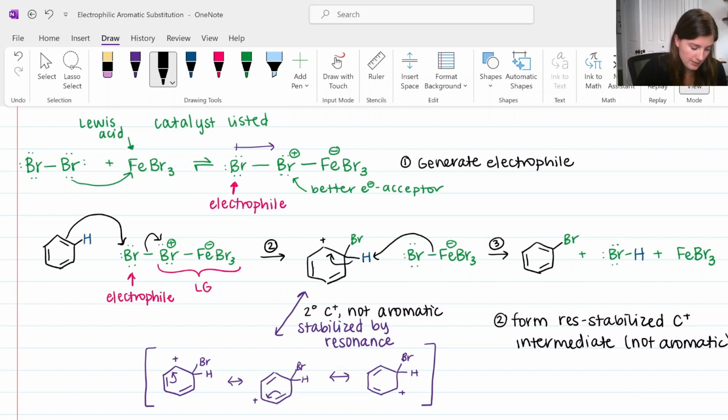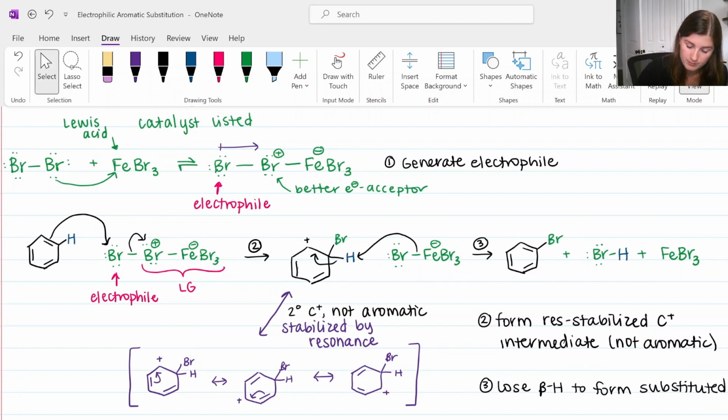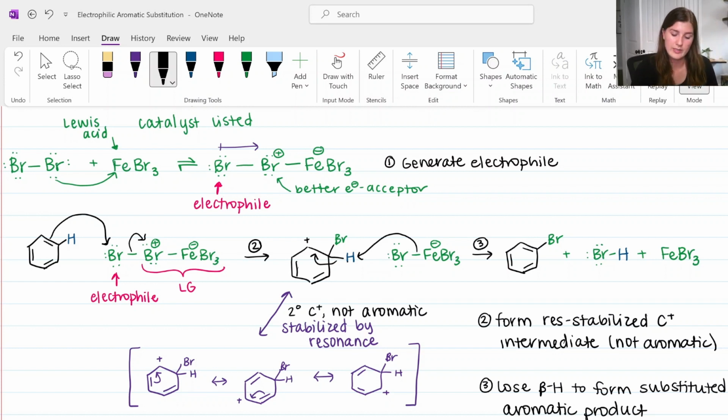And then step 3, we lose a beta hydrogen to form a substituted aromatic product. These are really the 3 steps in this mechanism here.